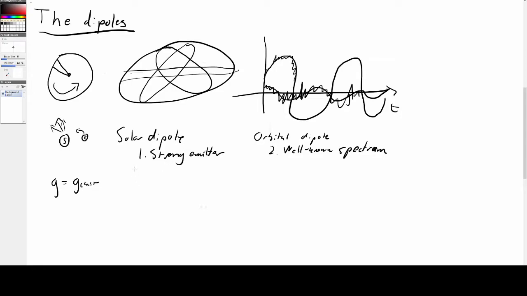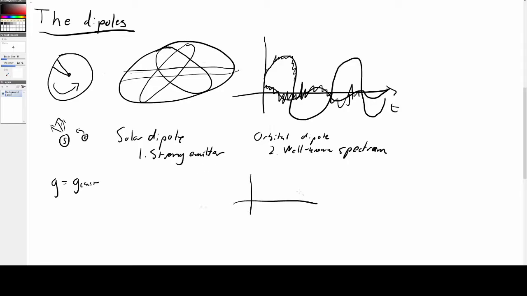And this motivates a kind of splitting of the gain into a constant part, which we assume to be constant throughout the whole mission, and then we add a fluctuation part on top of that. And the idea then is to try to set things up in such a way as to be able to calibrate the constant part of the gain on the orbital dipole, and then have the fluctuations be calibrated on the solar dipole. So that would give us, in a way, the best of two worlds.